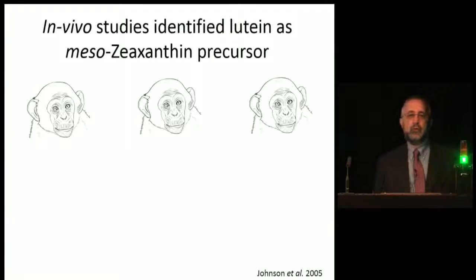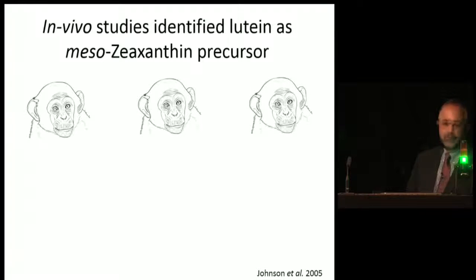So what do we know? In some classic experiments done by Liz Johnson and colleagues, we know that if you take monkeys who are deficient in carotenoids and feed them different carotenoids, we were able to identify that lutein was the likely precursor for mesozeaxanthin.